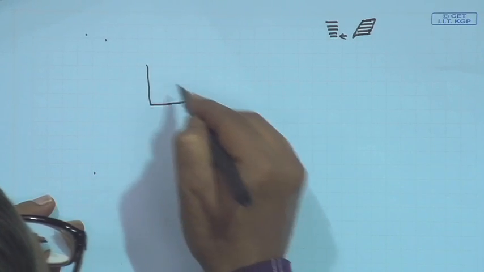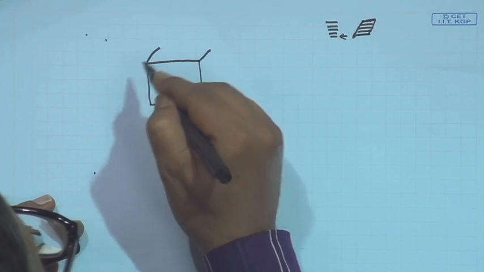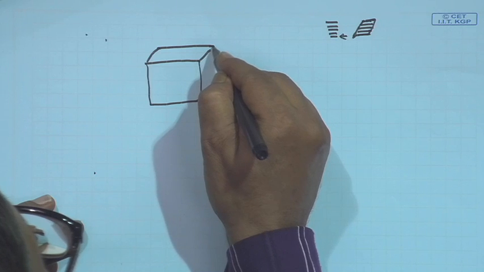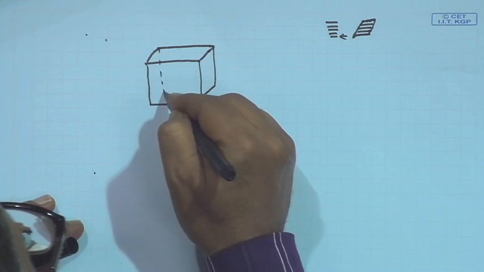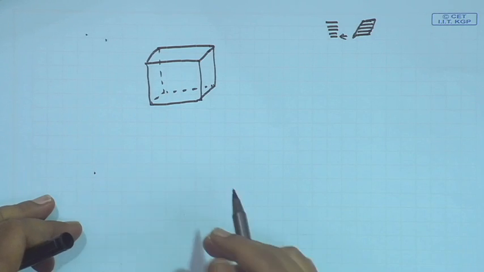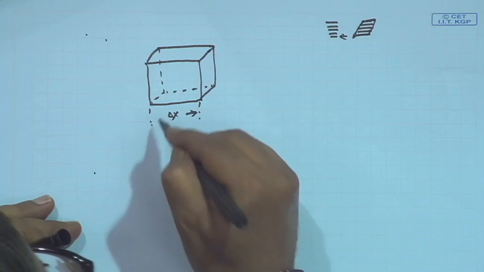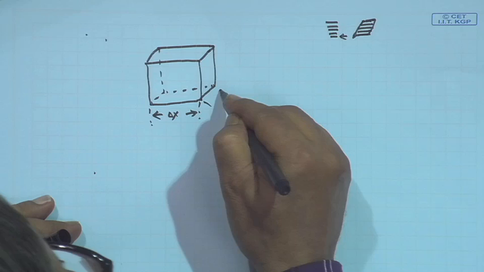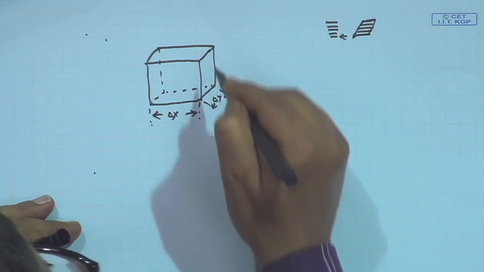So you take one volume element, and as earlier we have said, del x, del y and del z.